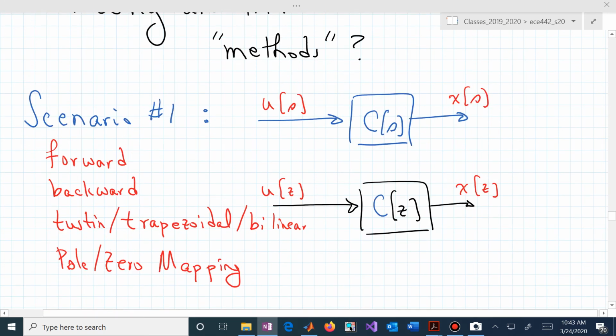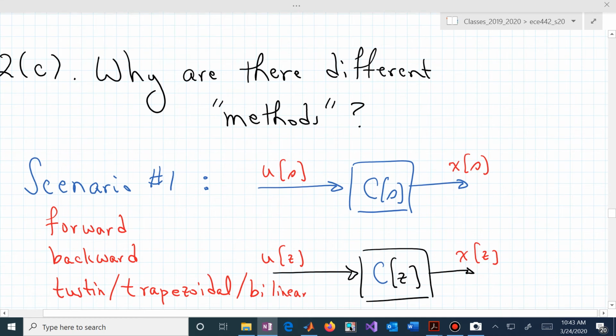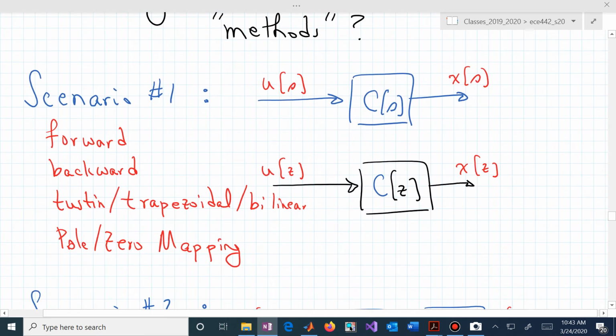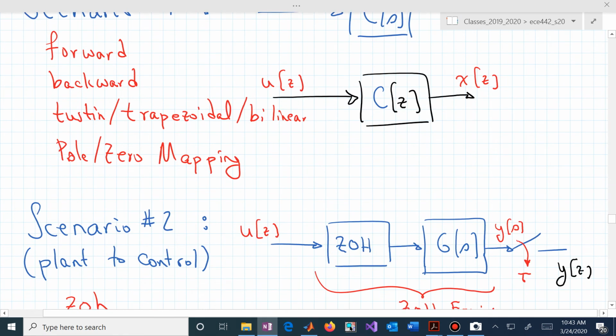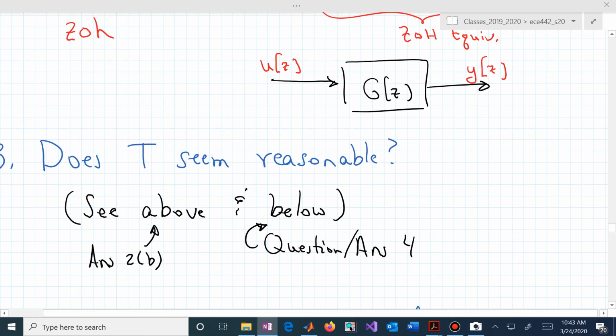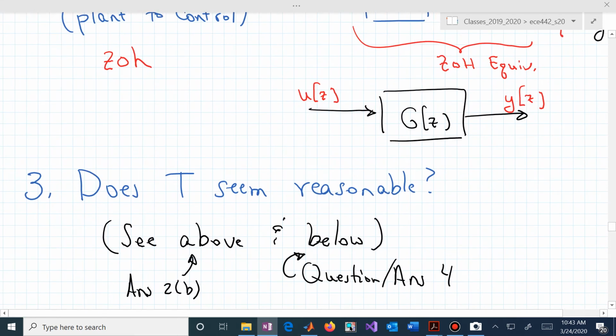So which of these methods or strategies you apply, and remember, MATLAB really doesn't do the forward and the backward. It does the Tustin, it does the pole zero mapping called matching or matched. We'll try to find that maybe in a minute, maybe not.